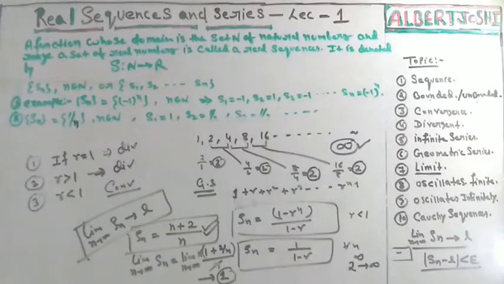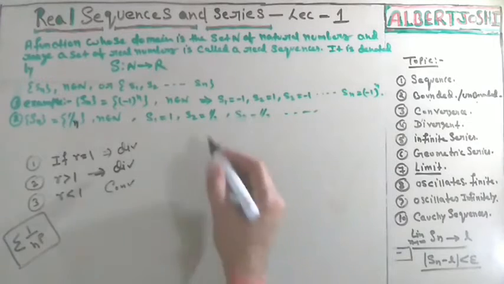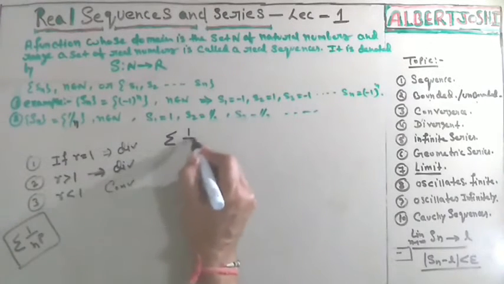Now we will discuss an important topic, a very important question. Suppose you have the summation of 1 upon n to the power p. At first I will explain sigma 1 upon n.